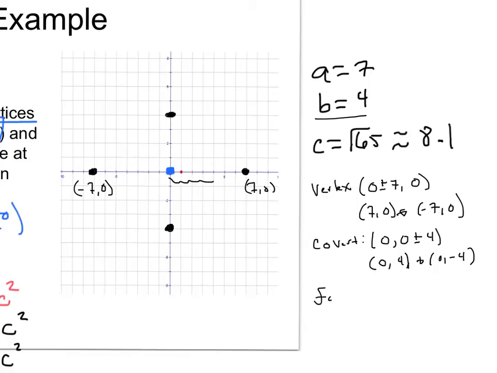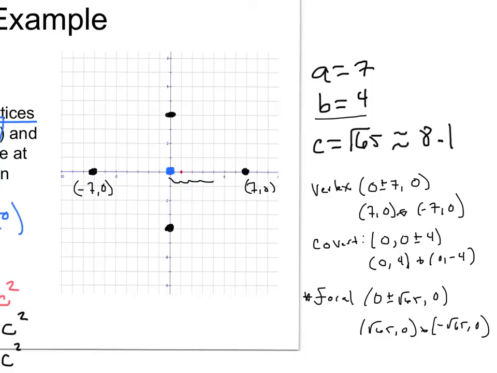Then for the focal points, I'm going to add that to my x's because they're always on the axis where the hyperbola opens. So I'm going to add or subtract root 65. Nothing changes with the y's, so the focal points are going to be root 65, 0, and negative root 65, 0. I'm going to wait to plot the focal points until I have the picture graphed.